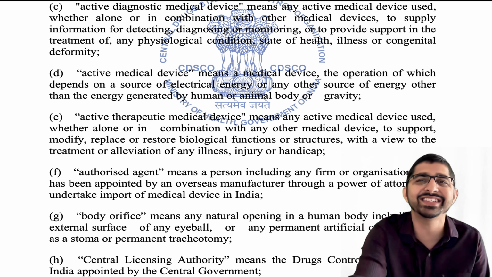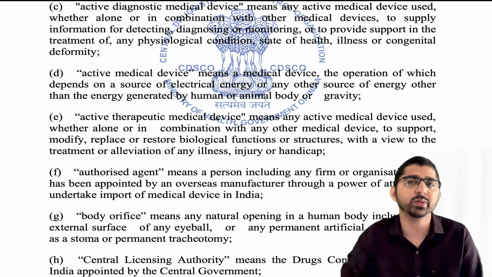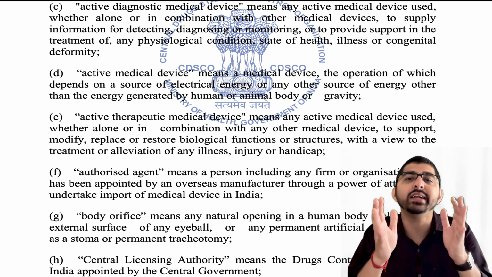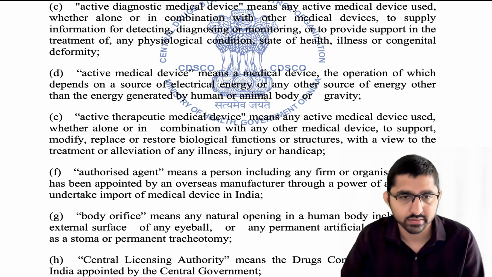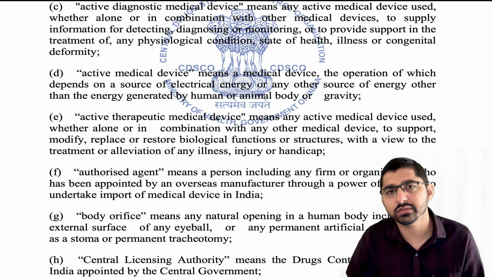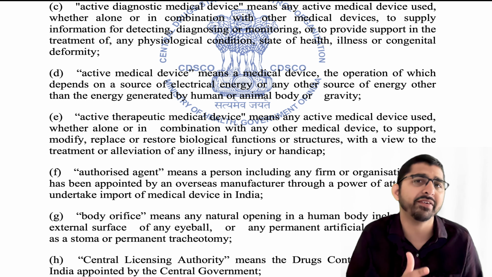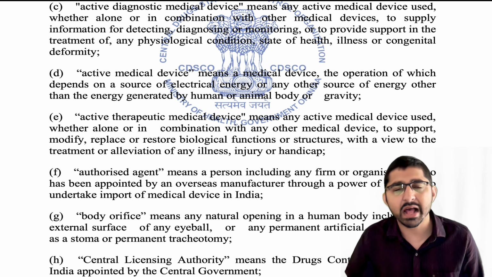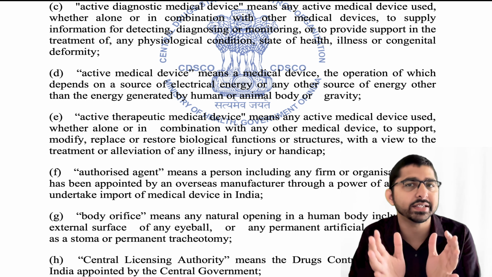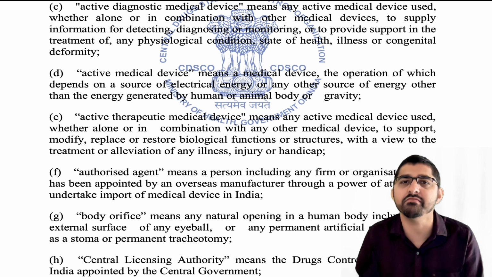Let's talk about the CLA, which is very important to understand. CLA is the Central Licensing Authority. When you file any application related to medical devices or IVD, those applications will be diverted to one of two licensing authorities, based on the classification of the medical device.